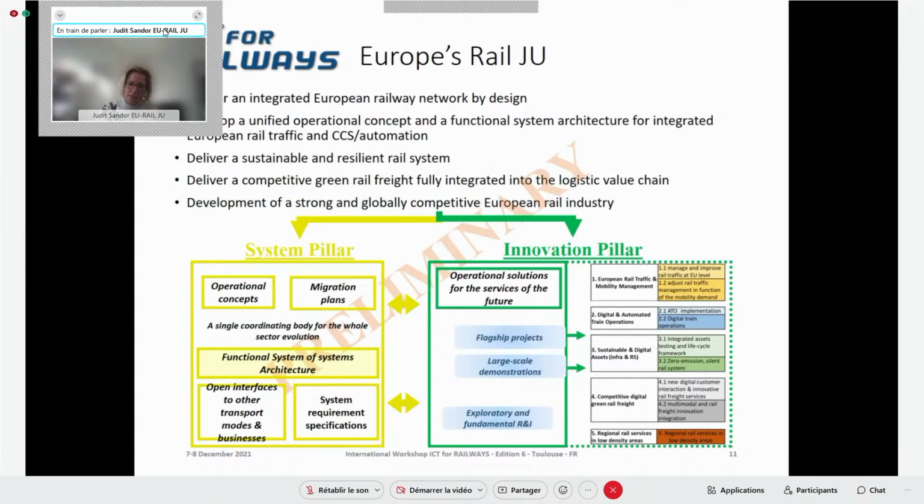And that's why the important takeaway is that all the processes and guidelines that have been developed within Shift to Rail shouldn't stop when we are now coming to the end of Shift to Rail.